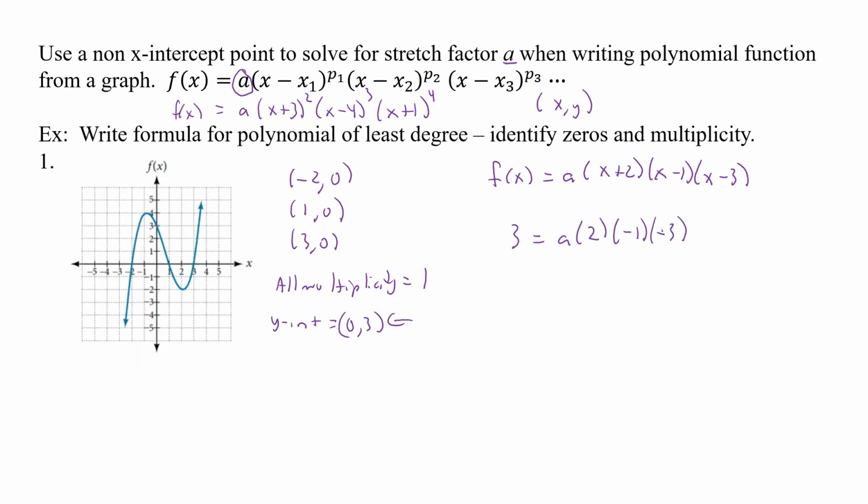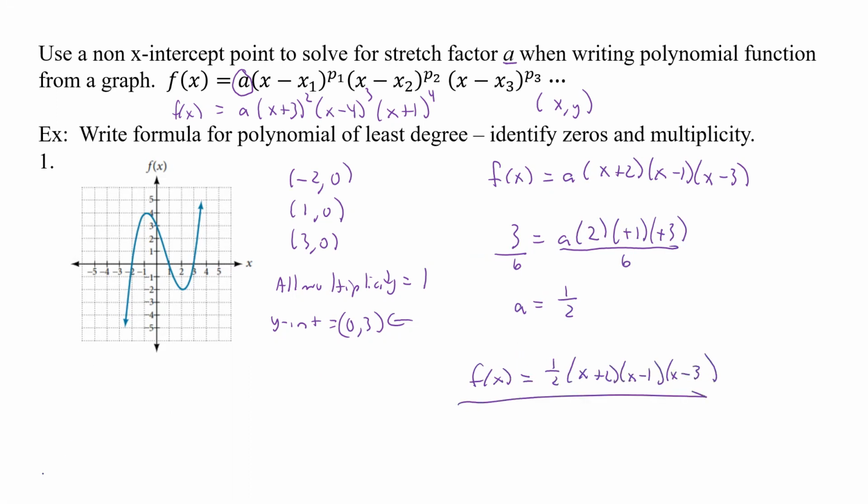The negative times the negative becomes positive, so 2 times 3 is 6. So we divide both sides by 6, and a equals 1/2. That gives us the final function, f of x equals 1/2 times x plus 2, x minus 1, x minus 3. That would be our actual function of least degree.